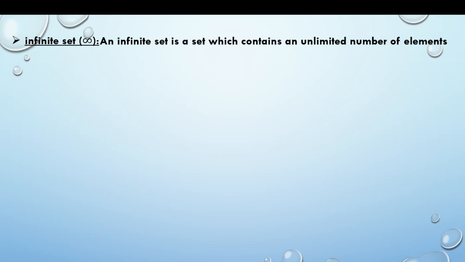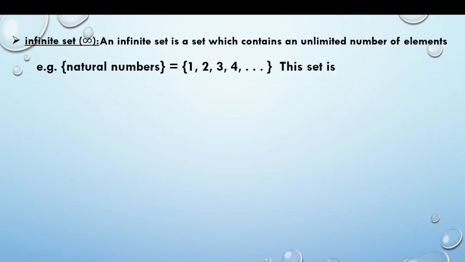Some can be known, while other elements cannot be known. E.g., natural numbers. They start from 1, 2, 3, 4 going forward. No one knows when or where or which is the last number in the natural numbers. So this set is an infinite set.